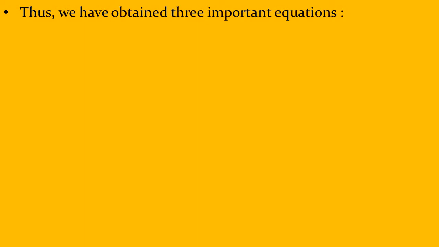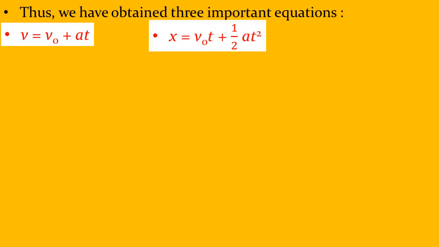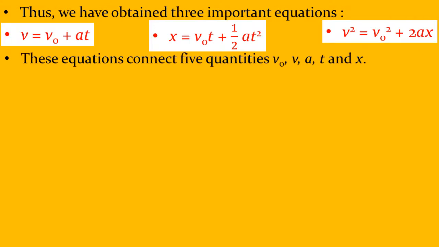Now we have obtained three important equations. The first kinematic equation is v is equal to v0 plus at. The second is x is equal to v naught t plus half at square. And the third kinematic equation is v square is equal to v0 square plus 2ax.